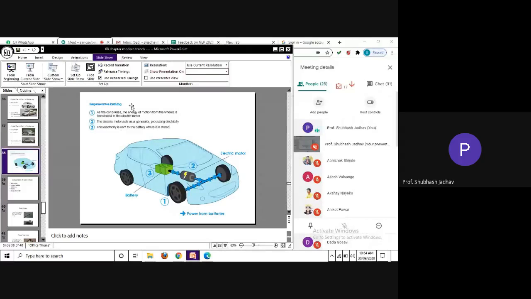Okay, before that, we have a concept called regenerative braking. Now, in this regenerative braking, we have some motors. This aims at minimizing the wastage of power which was supposed to be lost when the brakes are applied.